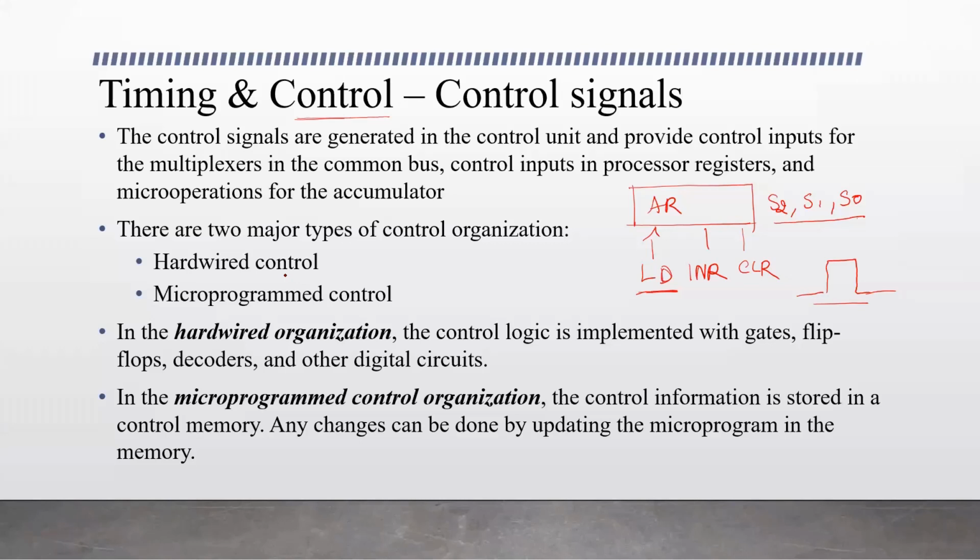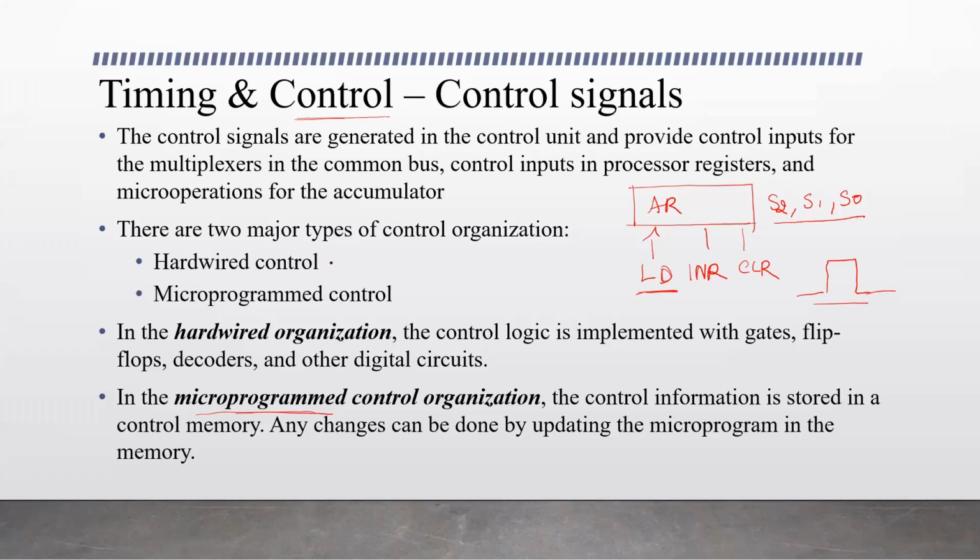The second type is microprogrammed control organization. Here the control information is stored in the control memory in the form of a program, and any changes can be done by updating the microprogram in the memory. So these are the two types of control organization.